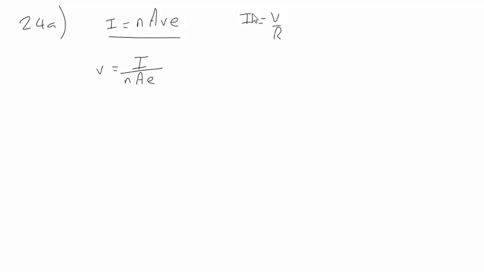And then we can substitute in for this expression to give V over NAER. Then the potential difference is 3 volts. The charge carrier density is 5.0 times 10 to the 25.